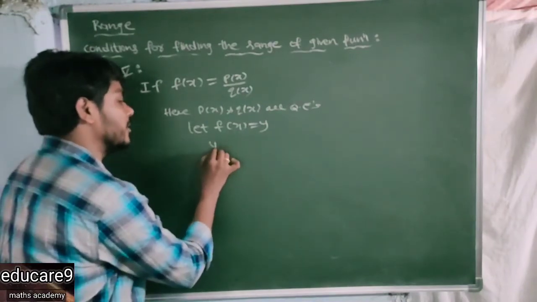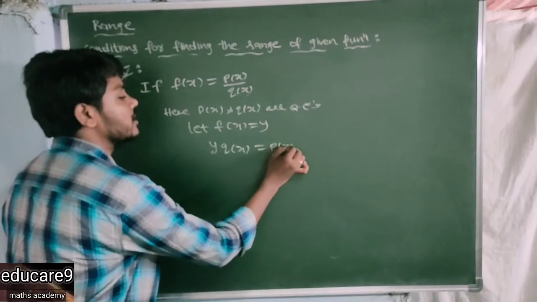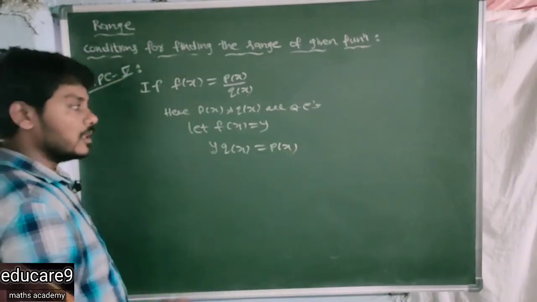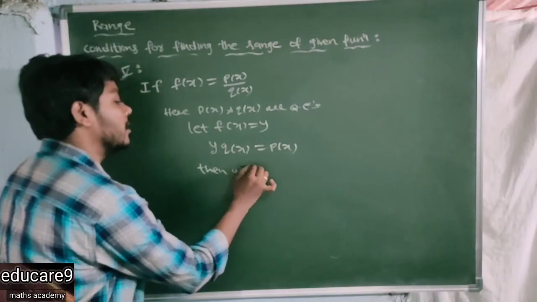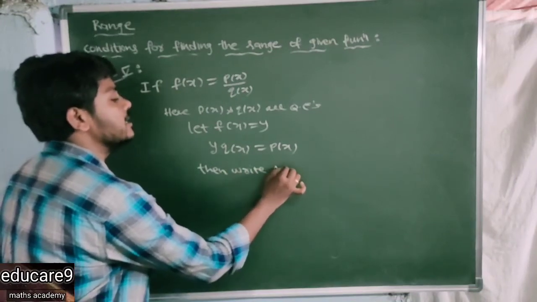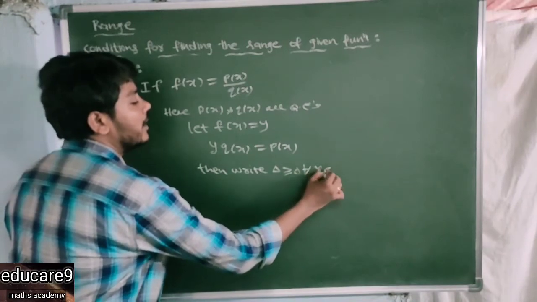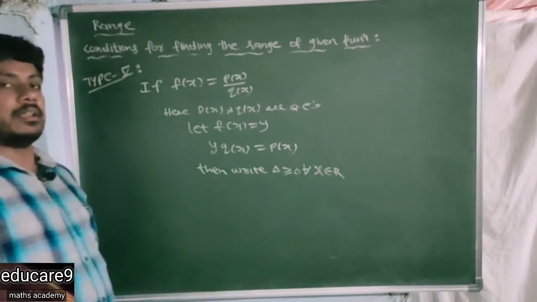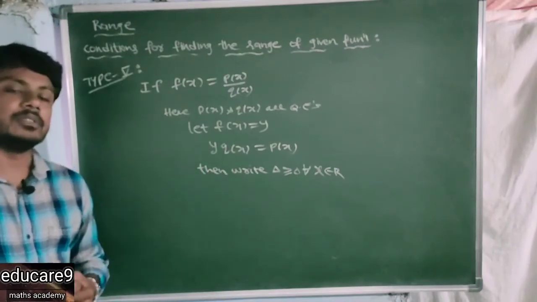From that you will get y into q of x is equal to p of x. Then write delta is greater than or equal to 0 for all x belonging to R. So this is how to find the range of the given function.